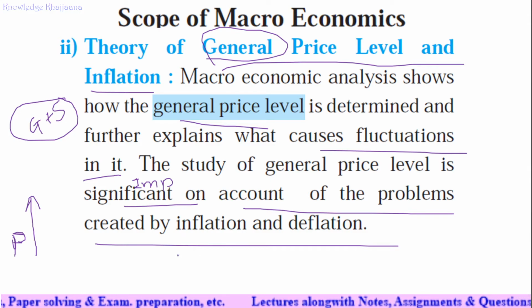Macroeconomics helps in analyzing the reasons of this inflation, and then it suggests measures to reduce or control the inflation. Then the country changes the policy of the general price level. This is learned in the theory of general price level and inflation.